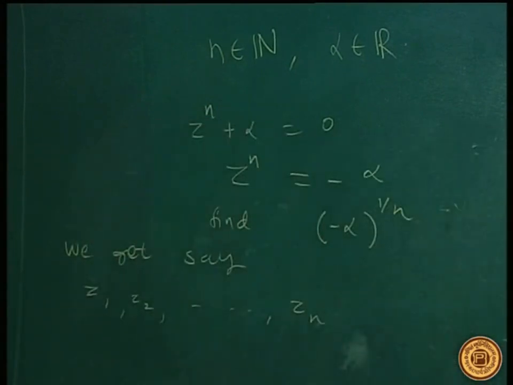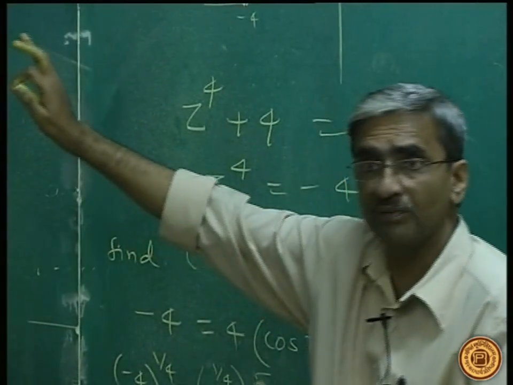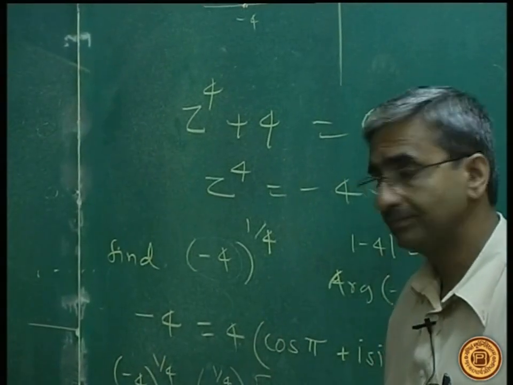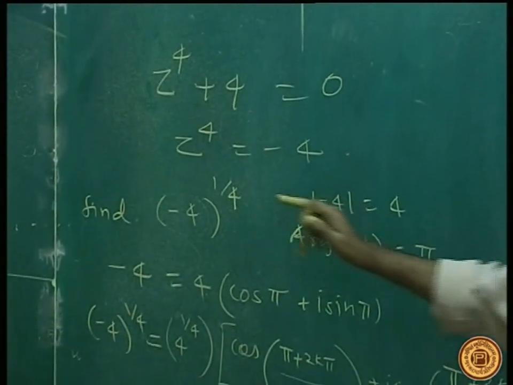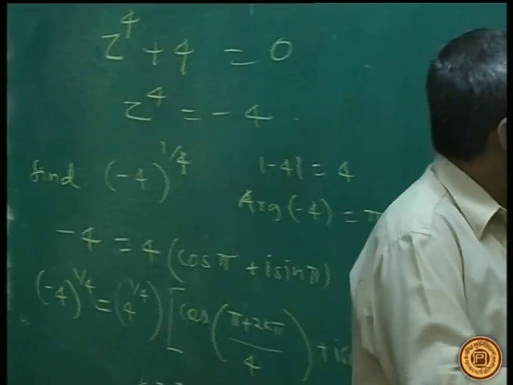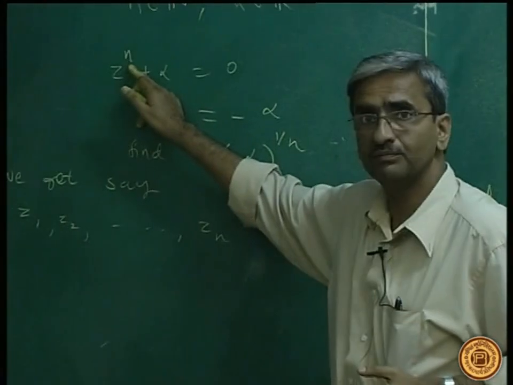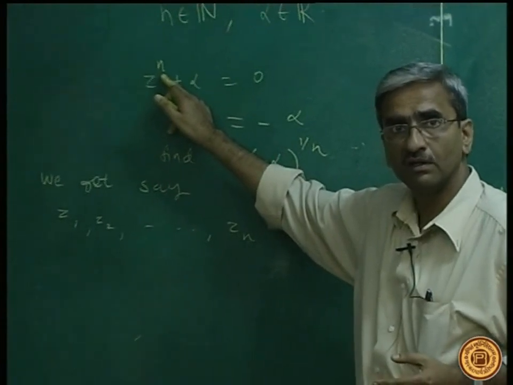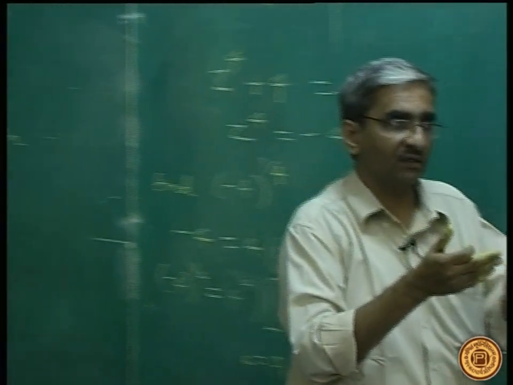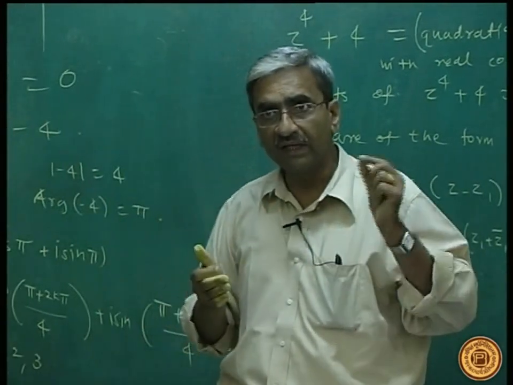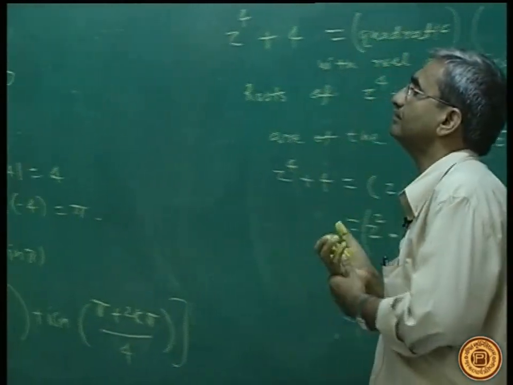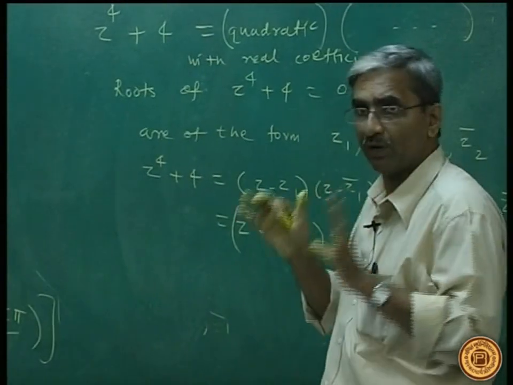Now here this 4 is an even number, there n is any natural number, we don't know what that is. But because of the same result again, the complex roots will occur in pairs. So if this degree is even, you will get pairs, but if the degree is odd, so if there are complex roots, they will occur in pairs.